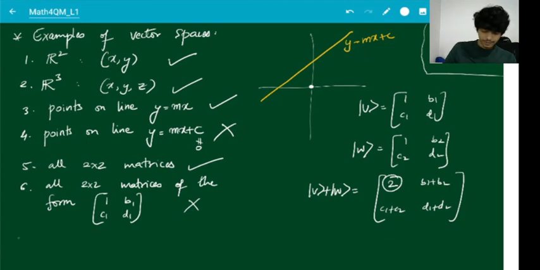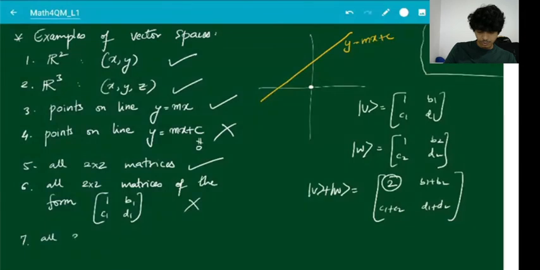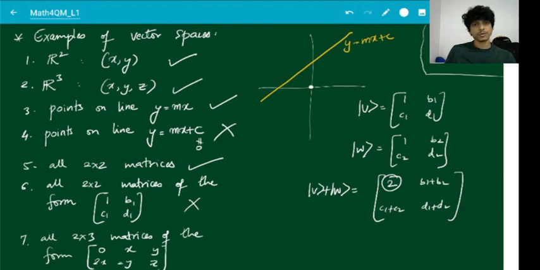What if I take all 2 by 3 matrices of the form 0, x, y, 2x minus y, z? So all 2 by 3 matrices that can be written in this form.